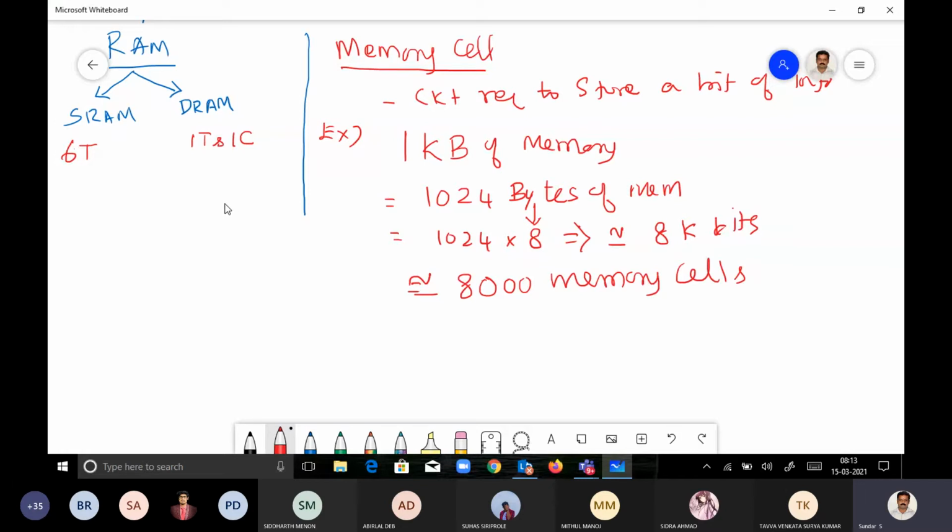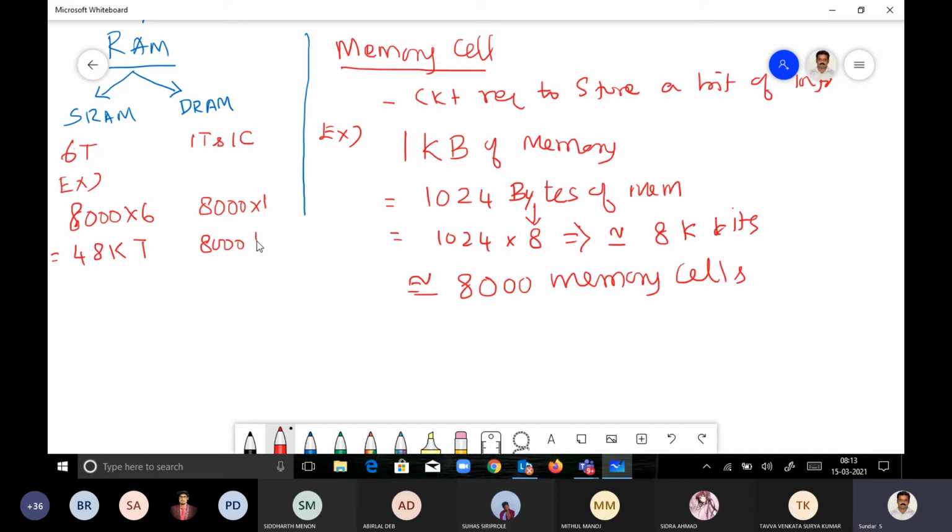So for 1 kilobyte of memory, we need 8,000 into 6, that is 48,000 transistors, whereas for the same example here, we need only 8,000 into 1, that is 8,000 transistors.